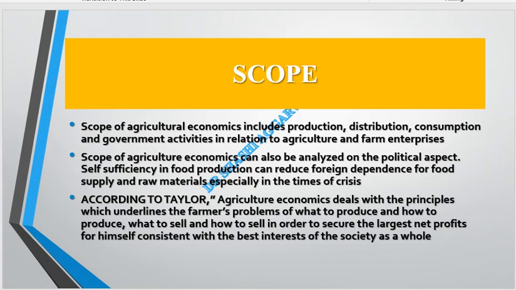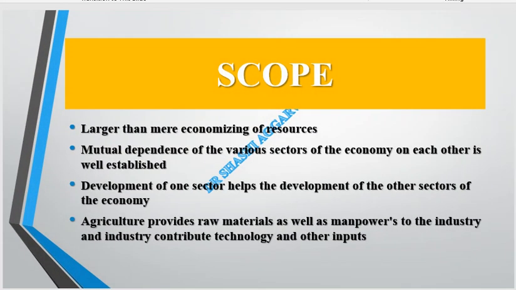According to Taylor, agriculture economics deals with the principles which underlie the farmer's problems: what to produce, what to sell, and how to sell, in order to secure larger net profits for himself, consistent with the best interest of society as a whole. So it is larger than mere economizing of resources.